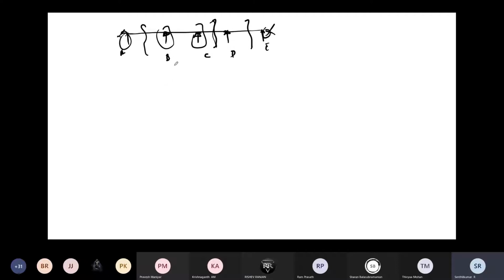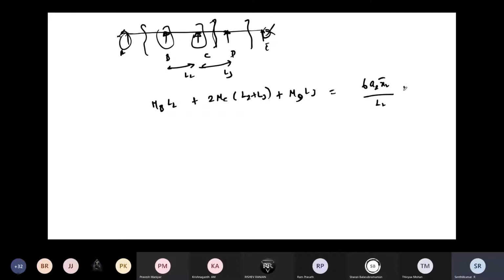This is L2, this is L3. So what is your equation? MB into L2 plus 2MC of L2 plus L3 plus MD of L3 equals 6 A2 x2 bar divided by L2 plus 6 A3 x3 bar divided by L3.